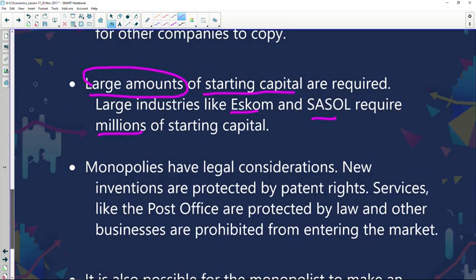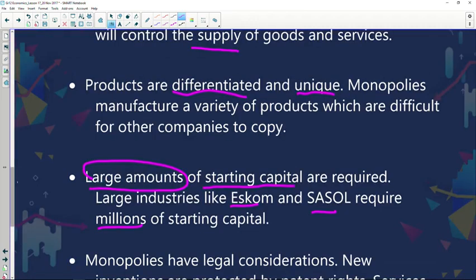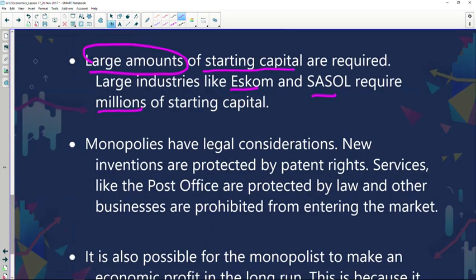Another interesting point that we need to consider is the fact that monopolies, I'm just going to pull my screen up, there we are, have legal considerations. This is quite important, so we're going to spend a bit of time going over that so that we understand this clearly and can do well in the exams if we are asked questions around this. New inventions are protected by patent rights.